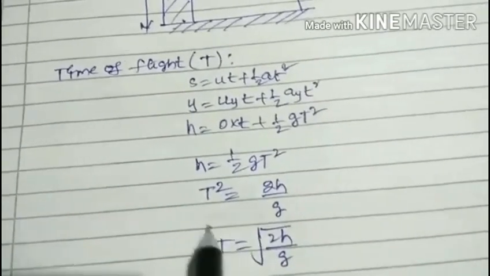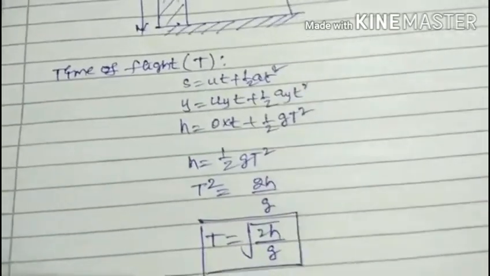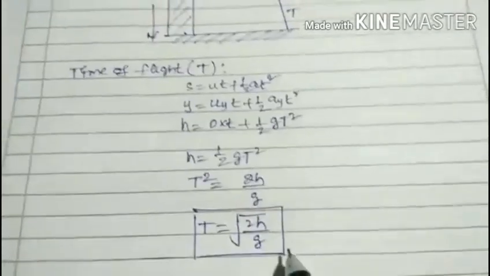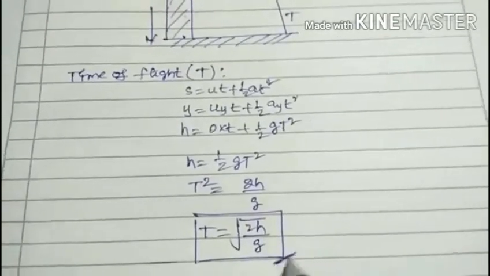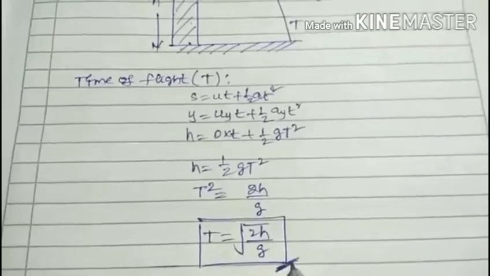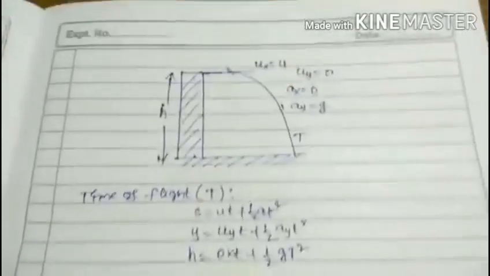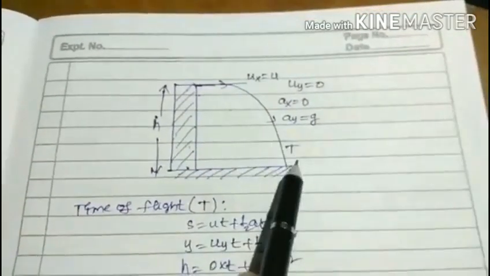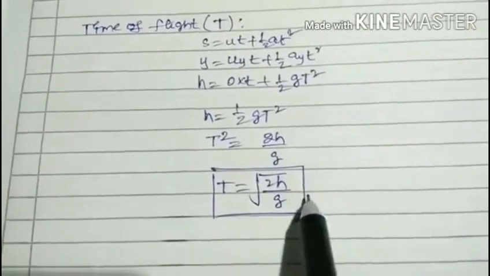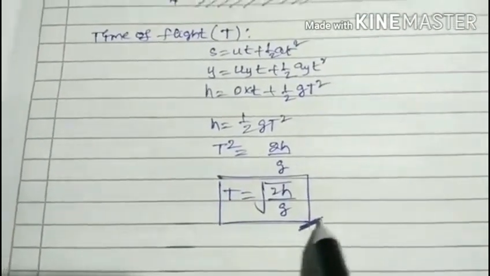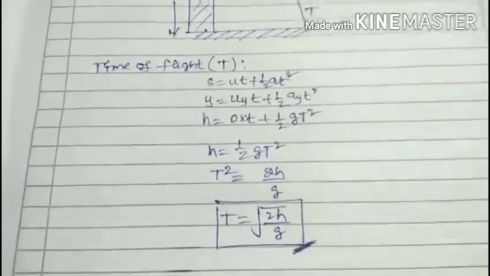This is the time of flight of the horizontal projectile body. This is the time taken by the body to fall a certain height, t equal to under root of 2h by g, which was mentioned in our previous video.